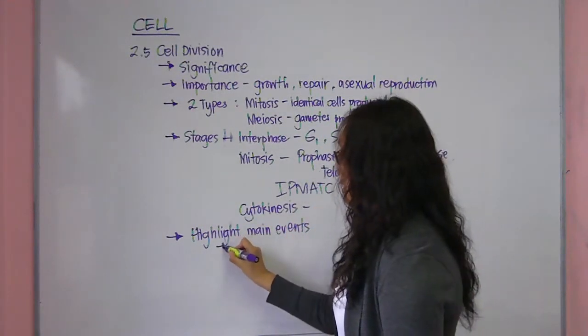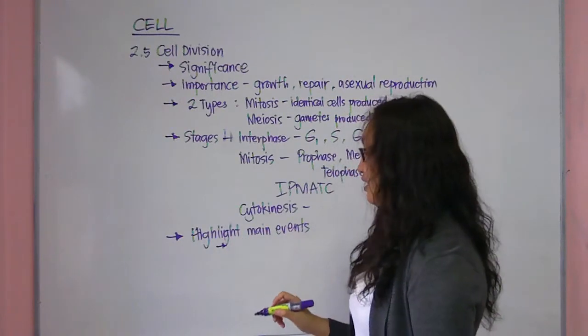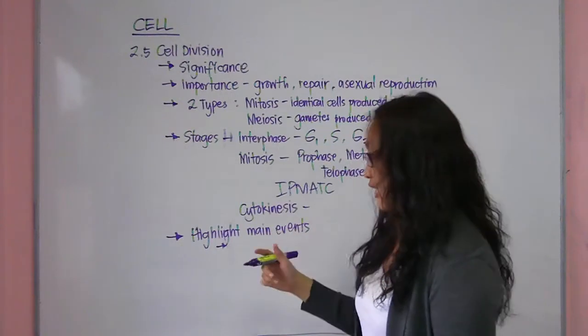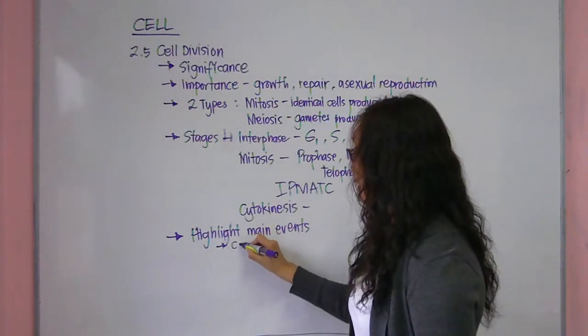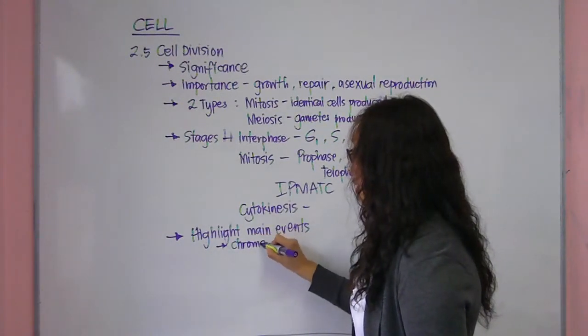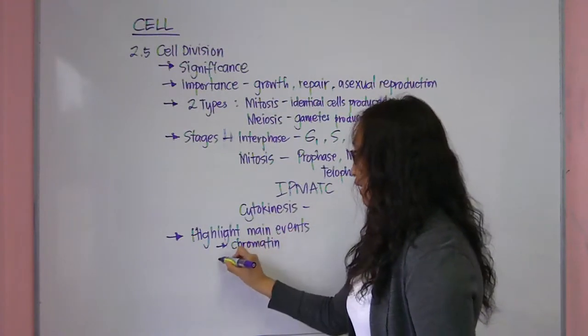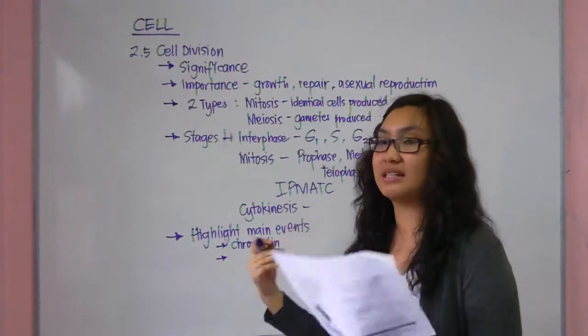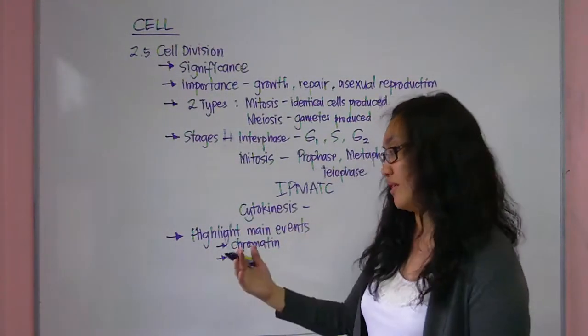First, the students have to pay attention to what is occurring on the genetic material or the chromatin. Is the chromatin going to coil up? Is it going to separate in a specific stage?